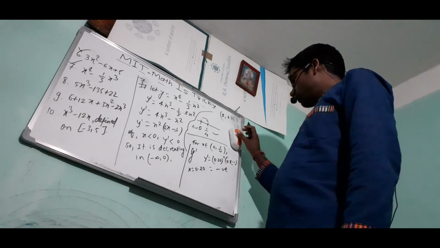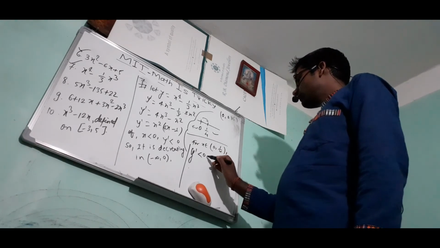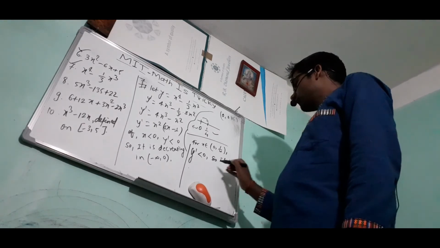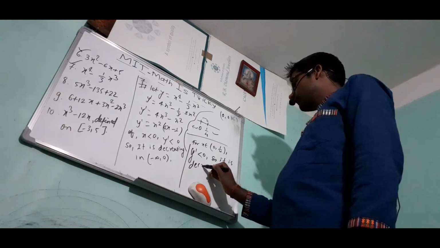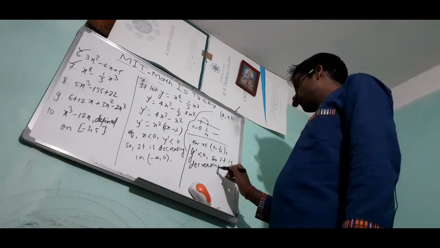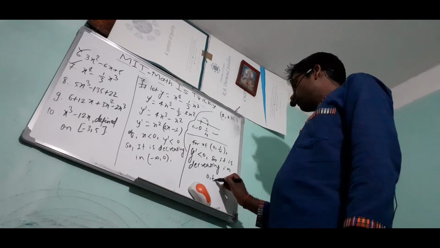So what do we get here? It is again negative, so it is decreasing in the interval 0 to 1 by 4.